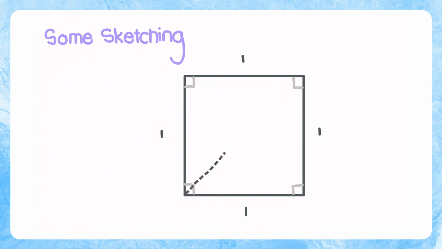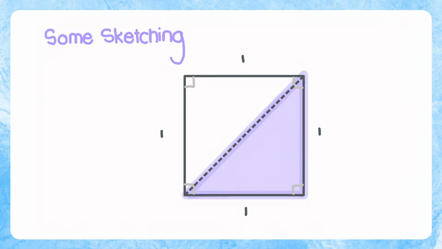Now let's say I split this square in half across this diagonal. Notice that I now have two triangles, and they're both right triangles. Let's focus on this right triangle right here, and let me color it in so that you can see it a little better.